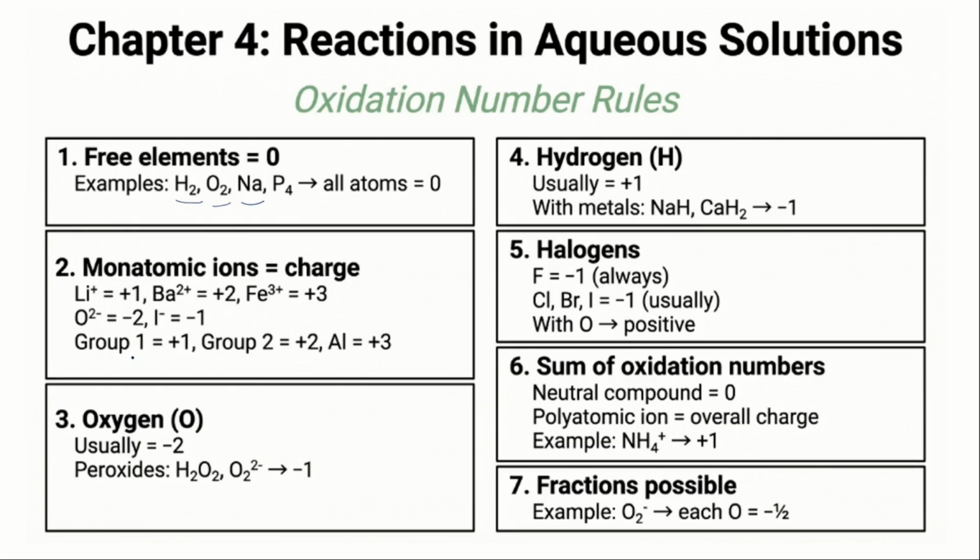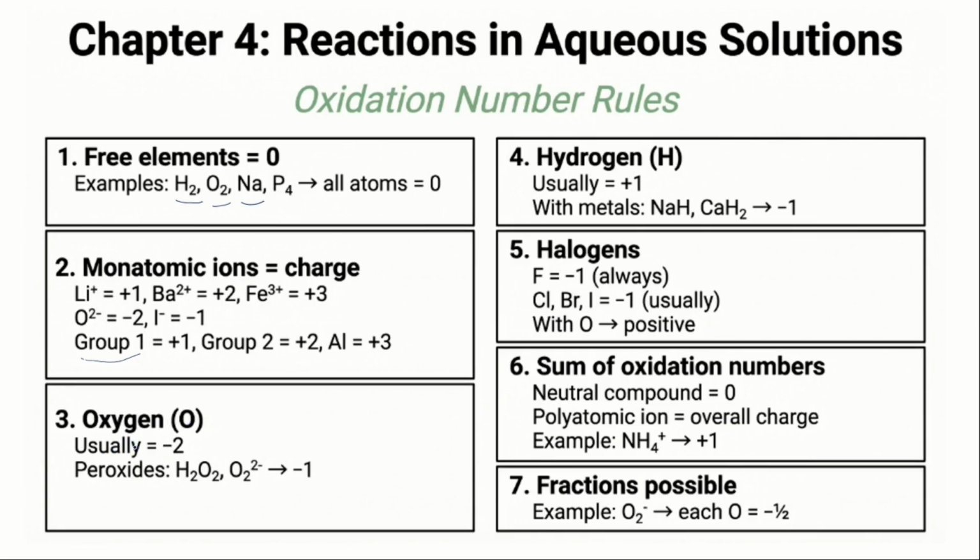And in the case of group 1, the alkali metals, all of them have the +1 oxidation number. Group 2 alkaline earth metals +2, and even aluminum, group 3, has the +3 oxidation number.